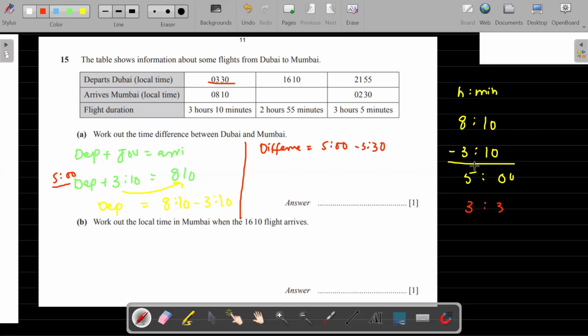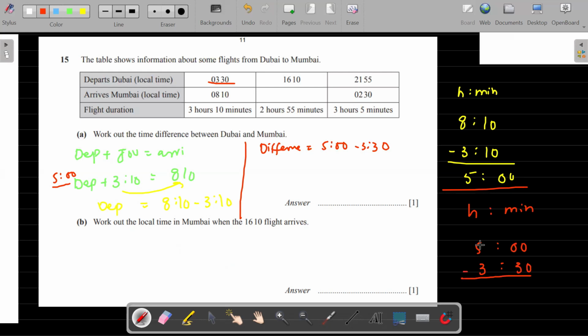Let's calculate the difference. I'm going to subtract it over here. This is my hour section, this is my minute section. Let me do this again because I'm lacking space. It was 5:00 and we need to subtract 3:30 from it.